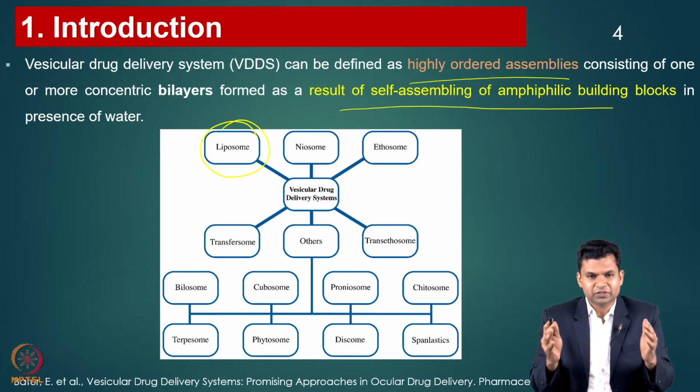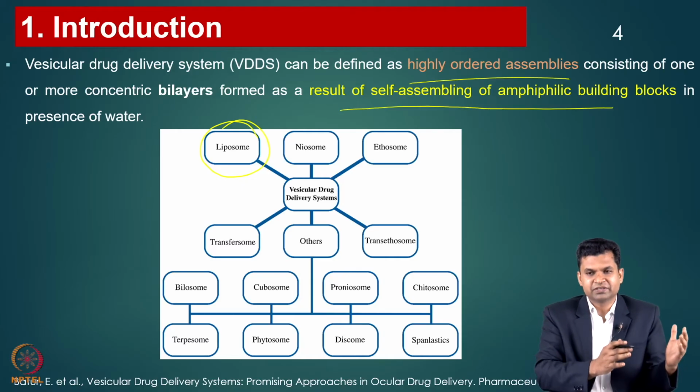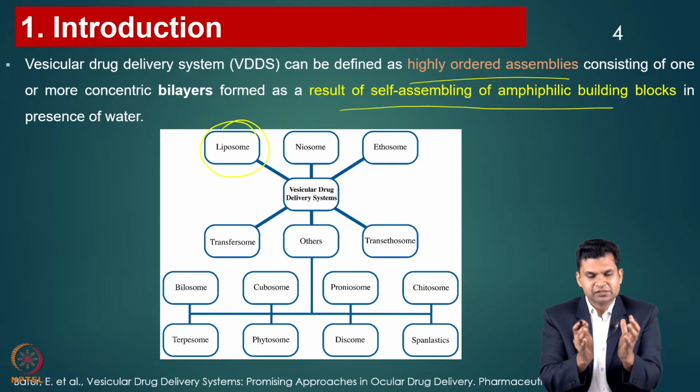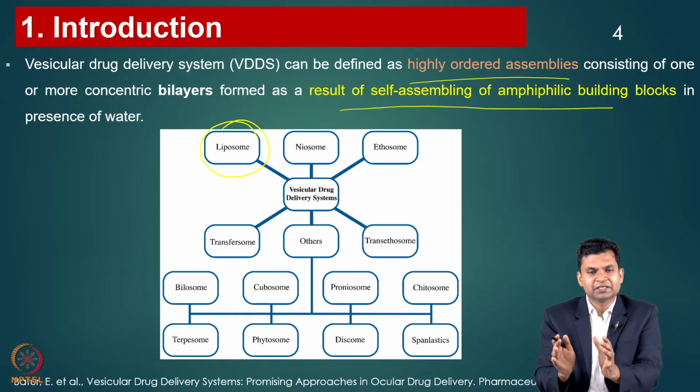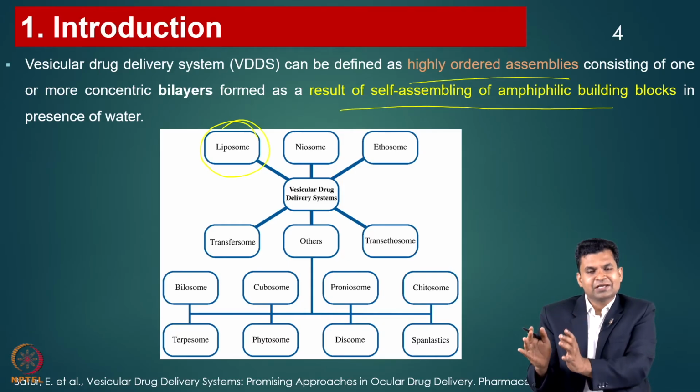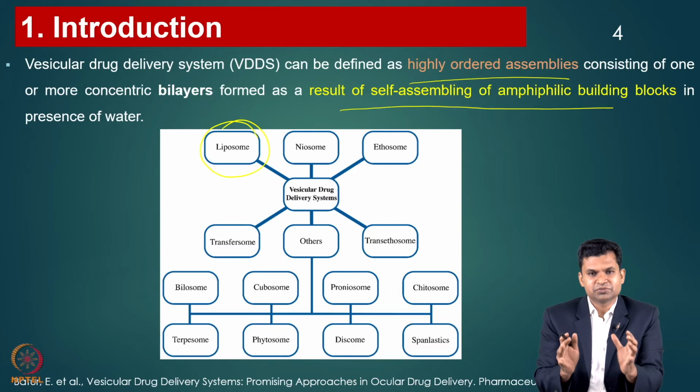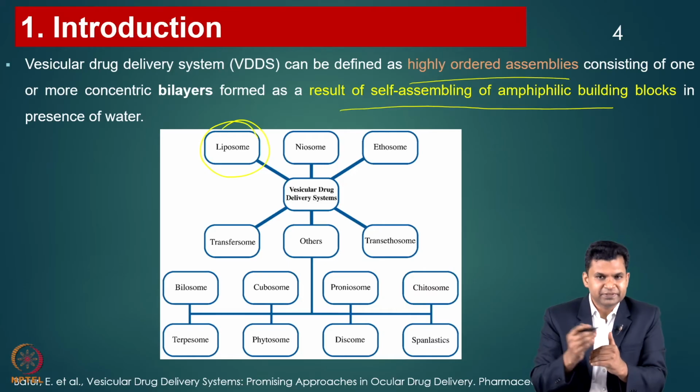Now, we will try to understand based on our previous learning. We have seen in case of liposomes, even in case of solid lipid nanoparticles as well as nanostructured lipid carriers, these systems are self-assembling building blocks of the various phospholipids.